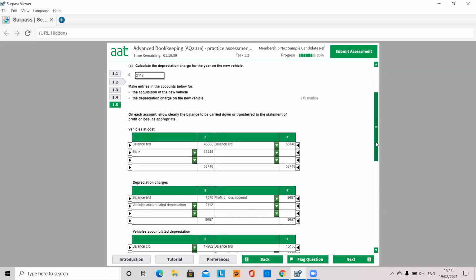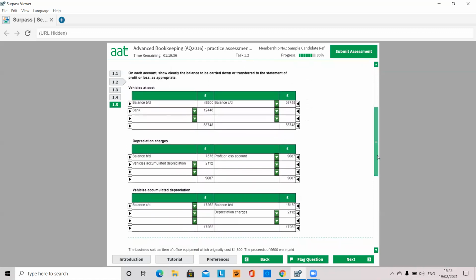In the actual question, you're given the depreciation charges with the balance brought down of 7,575. So we've currently got £7,575 worth of depreciation charges. We're now going to add that 2,112, and the narrative is the vehicle accumulated depreciation, because that's where we'll find the other element of the transaction.